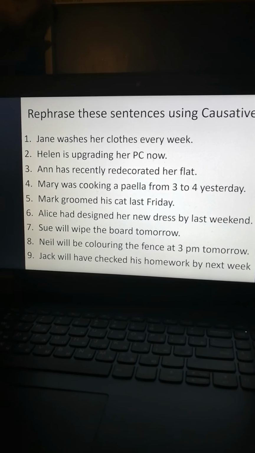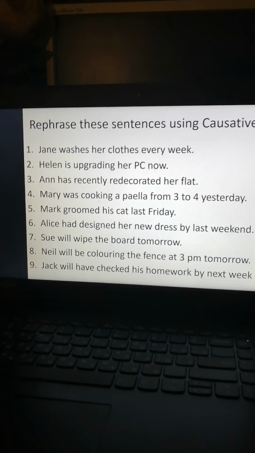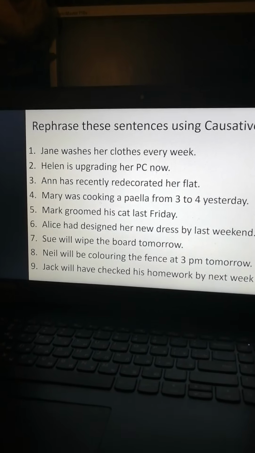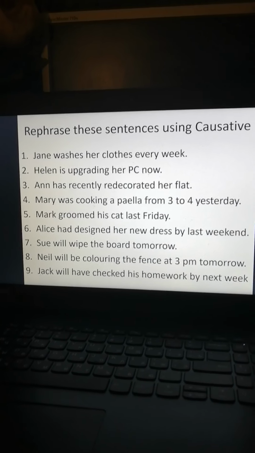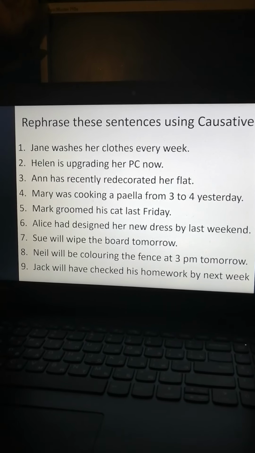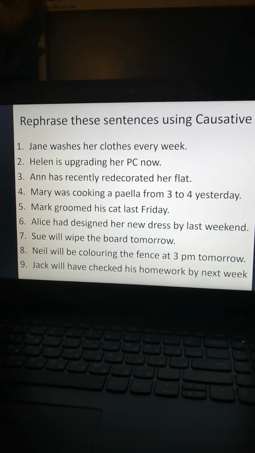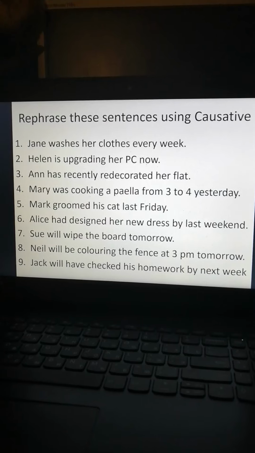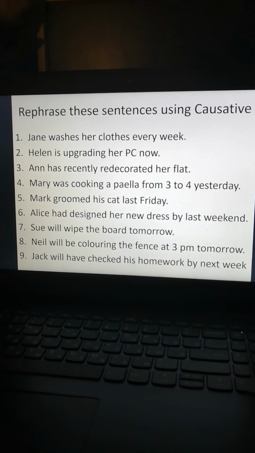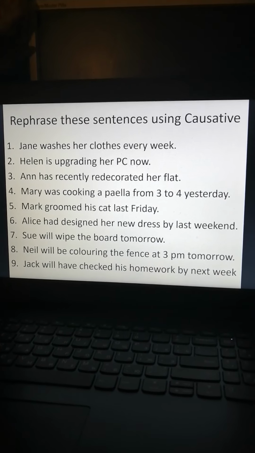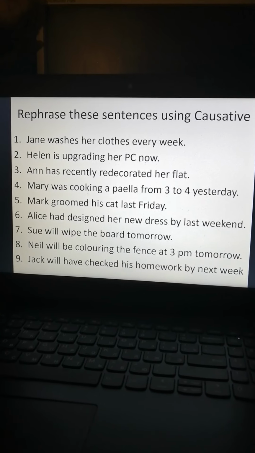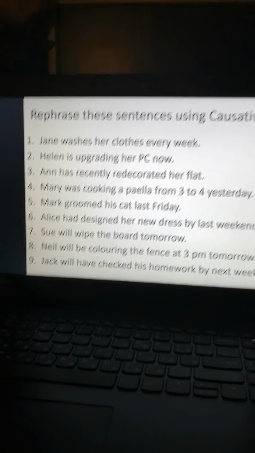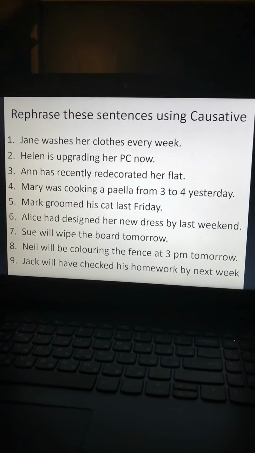Sue will wipe the board. But if Sue is a teacher, she will have the board wiped. Neil will be coloring the fence. But if Neil is rich, he will be having his fence colored. Jack will have checked his homework. But if Jack is a student, he will have had his homework checked.